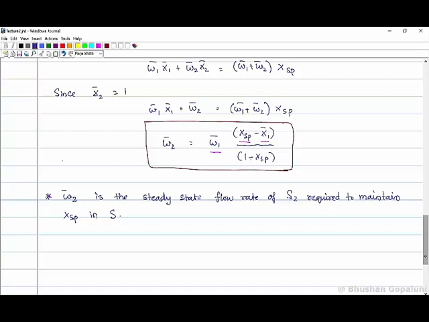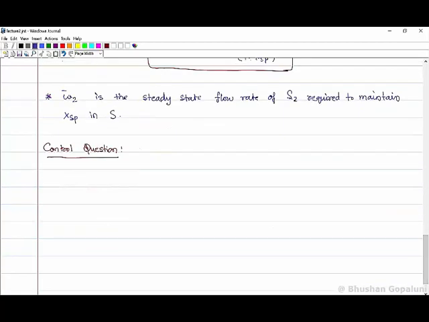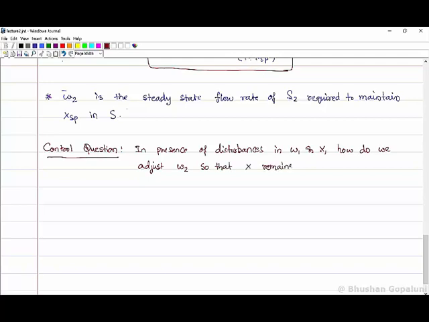Now let's ask ourselves a slightly different question. I'm going to call this the control question. The design solution we have derived here is only useful as long as W1 and X1 remain at their nominal values. What if they are changing?